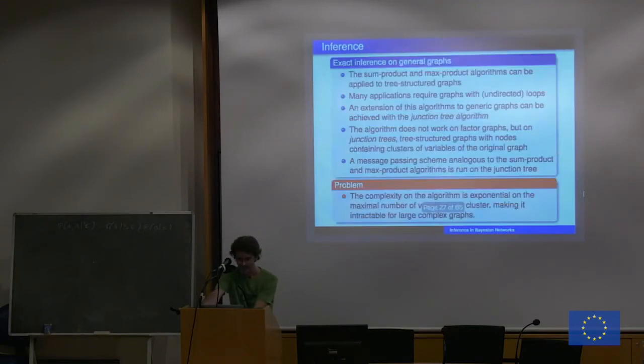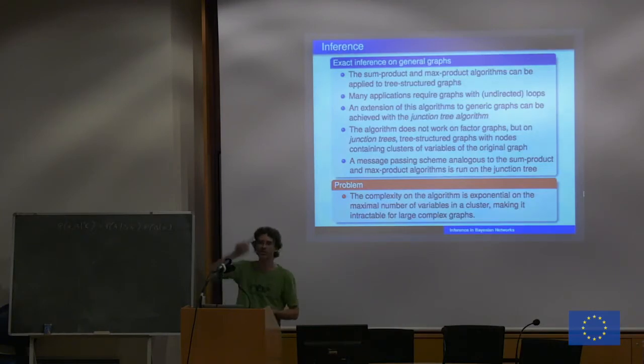There are some networks for which this procedure can't be applied because they don't produce trees when you produce the factor graphs. And if you have cycles, this procedure doesn't work because the message goes in cycles, so it never reaches the end.